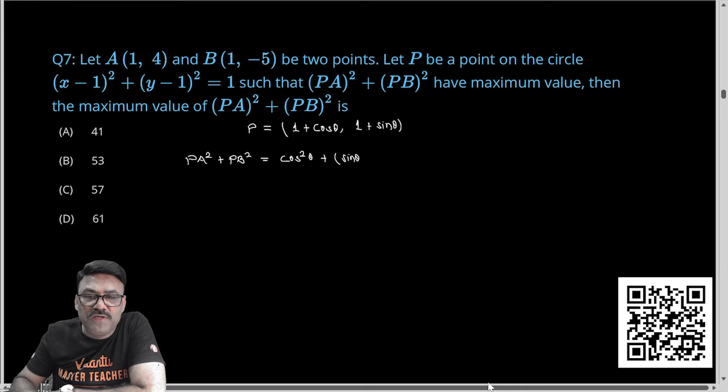This is PA square. Now let's write PB square. PB square will be (1 plus cos theta minus 1) whole square, so again cos square theta, and (1 plus sin theta plus 5) whole square, so basically (sin theta plus 6) whole square.